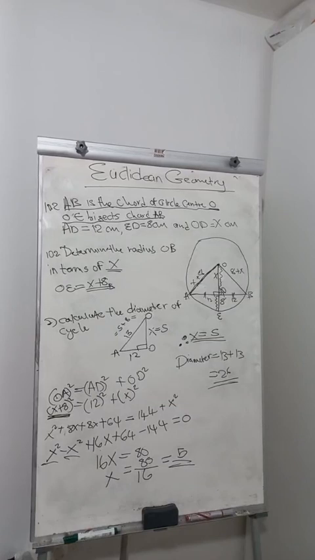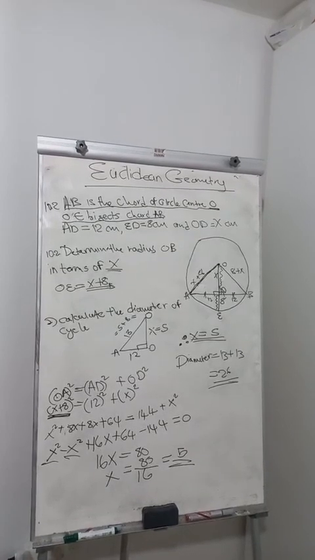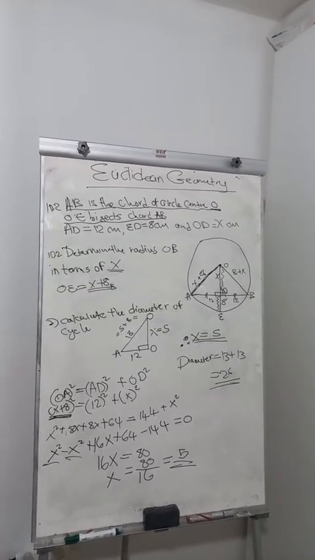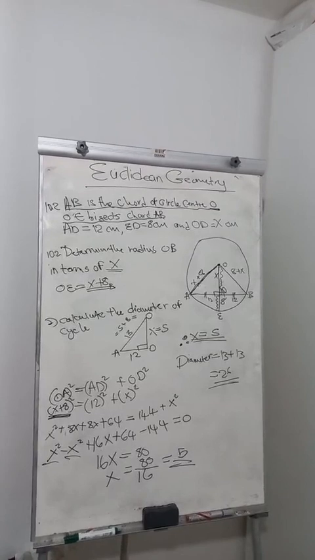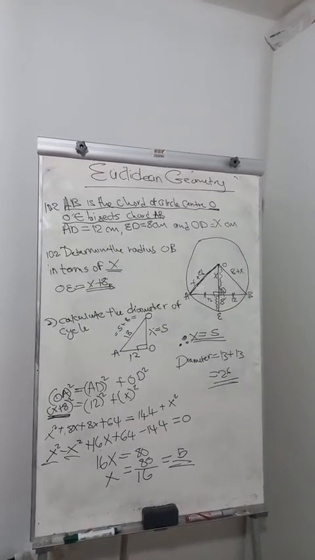And now let me check if you guys have got any questions. No, in this case I'm not seeing any. Yeah, OB is a radius, because OB to Bridget.